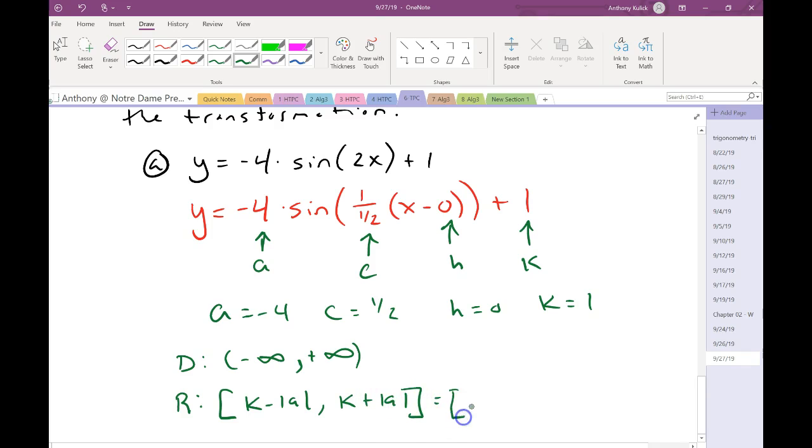So in our case, it's going to be 1 minus 4, comma, 1 plus 4, or -3, 5. Everybody happy with that? I just plugged in my values for A and K that I listed above to do that.